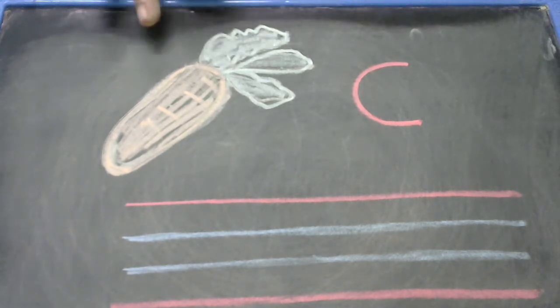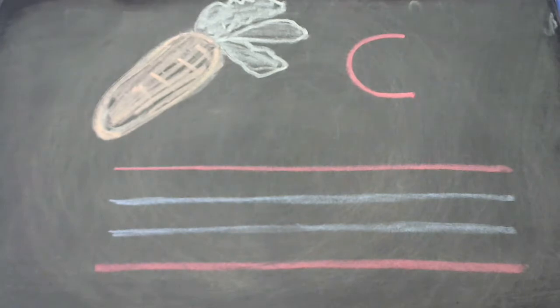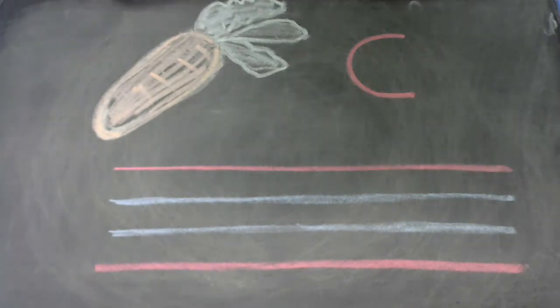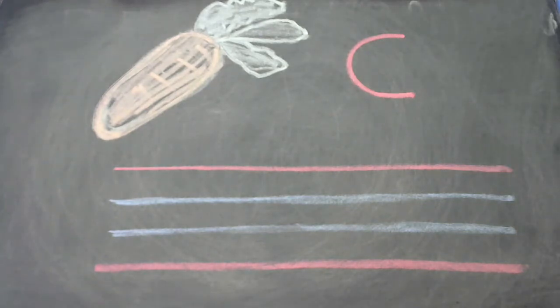C for carrot. And children, do you know what is the sound of C? The sound of C is K. K, K, carrot. K, K, cat. K, K, cake.